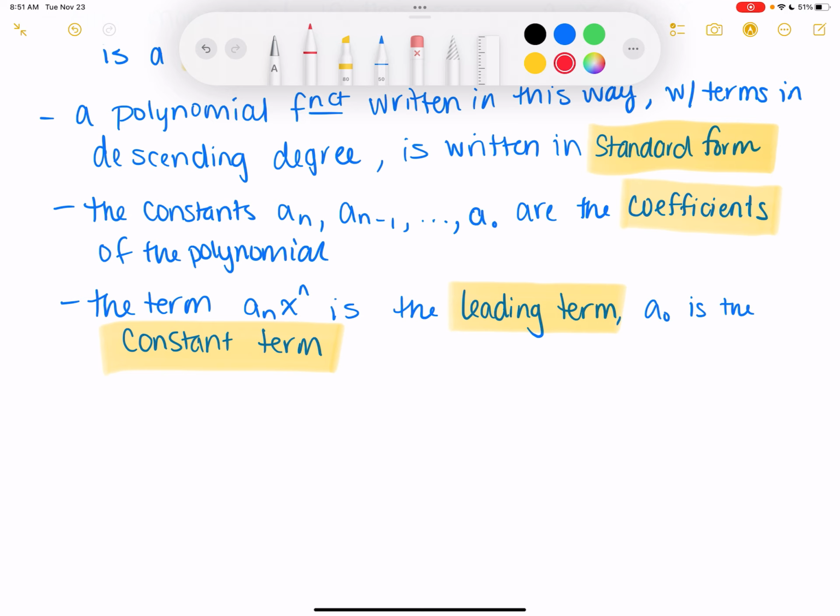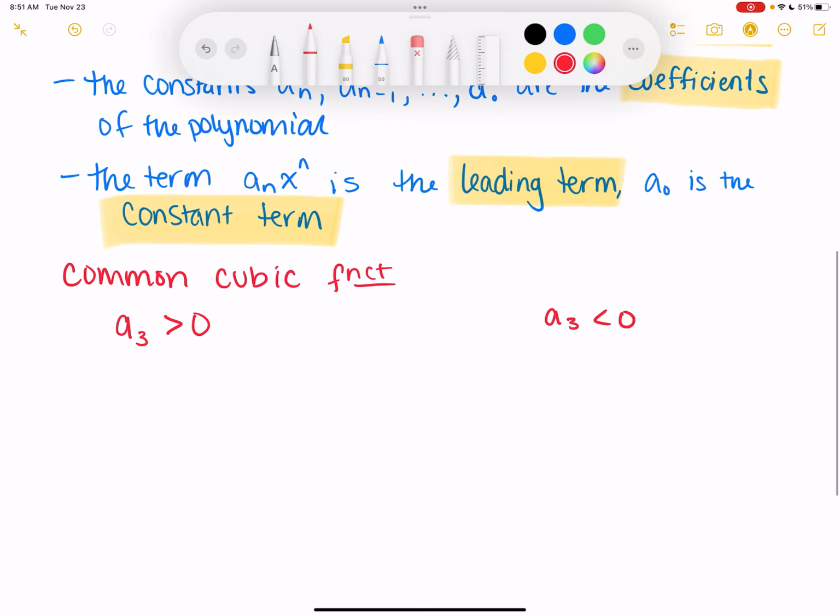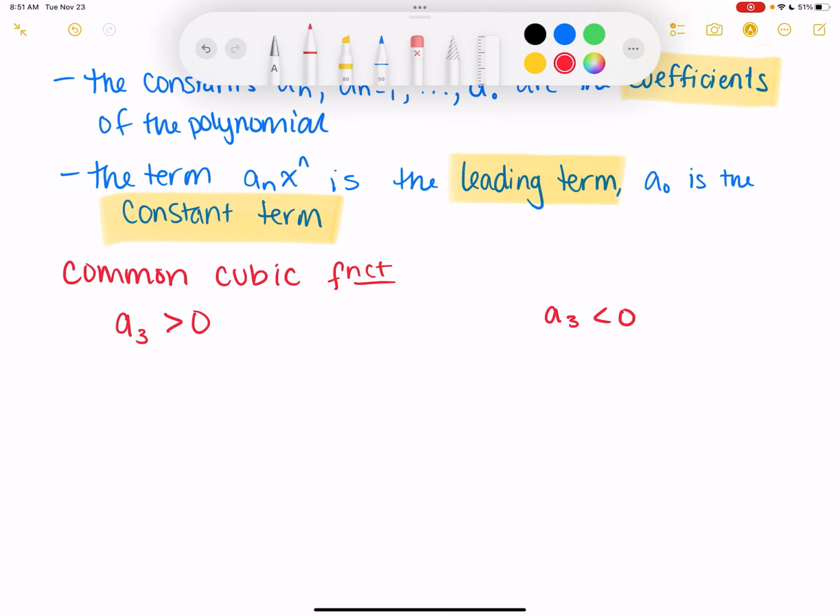Alright, so I'm going to show you some rough graphs of what common cubic functions and common quartic functions look like. So first, the common cubic ones. Wait, was there any graph? I swear there wasn't any graphs for 2.2. There weren't. Alright, so a sub 3 greater than 0, and a sub 3 less than 0. I'm going to draw 2 graphs underneath each one.